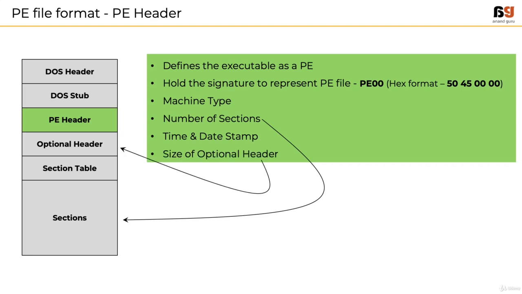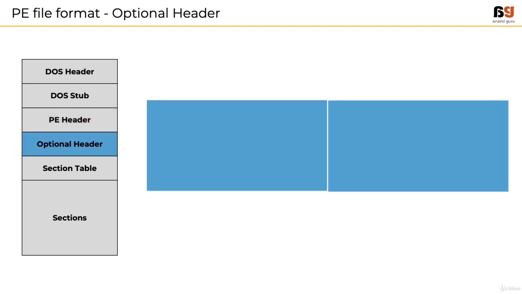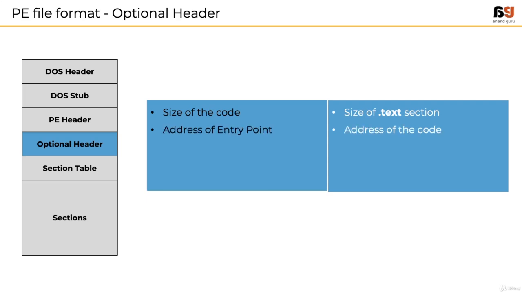Next is the optional header. This consists of information like size of code. Code here refers to the specific section called .text. Address of entry point is the address in memory where the PE loader will begin executing. This is very important during malware analysis as it tells exactly where the code begins. Preferred base address is the address of the first byte of the image when loaded into memory.